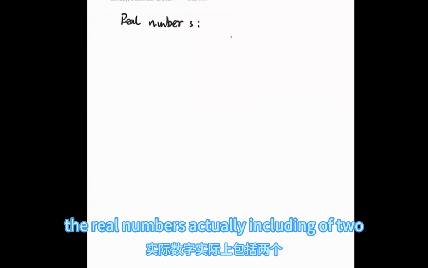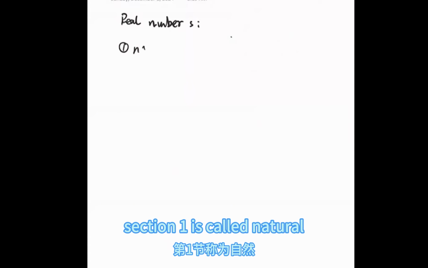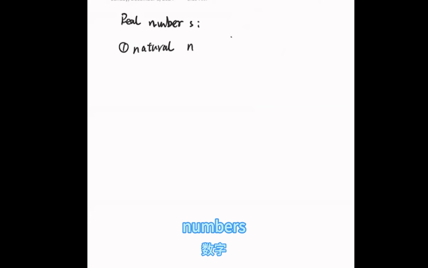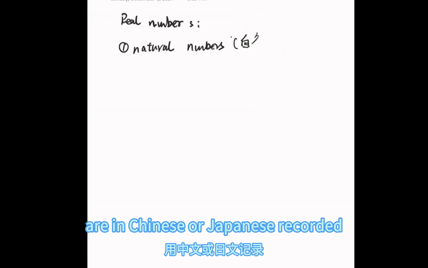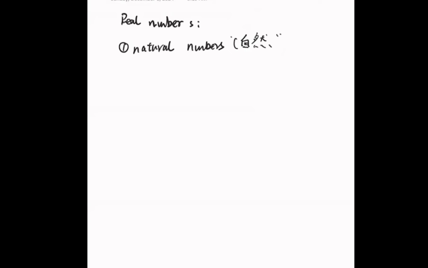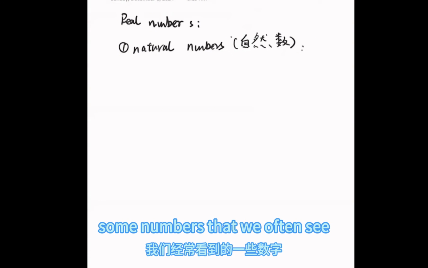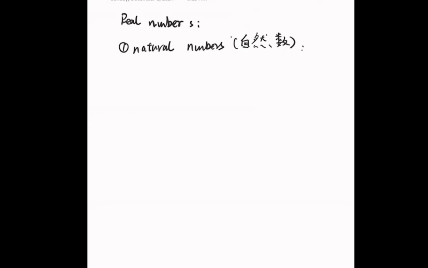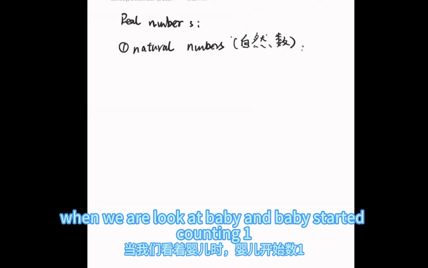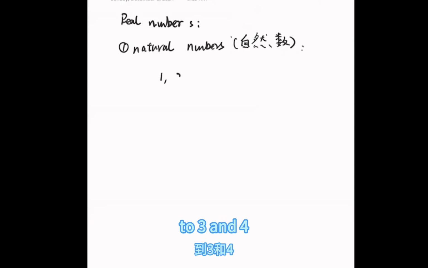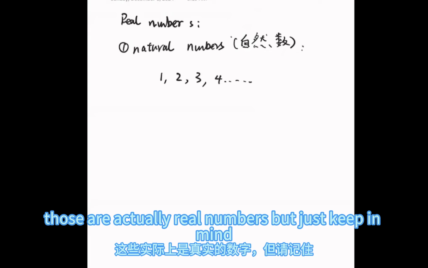The real numbers actually include two sections. One is called natural numbers. Natural numbers are numbers that we often see in our real life. When we were babies and started counting 1, 2, 3, and 4, those were natural numbers.